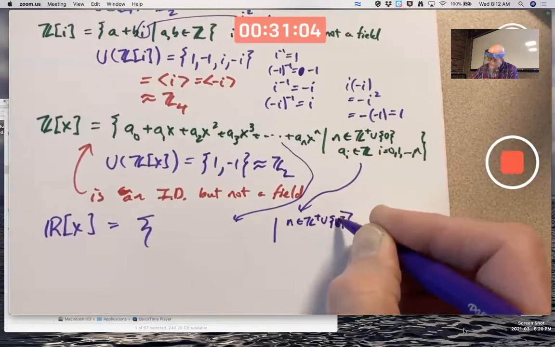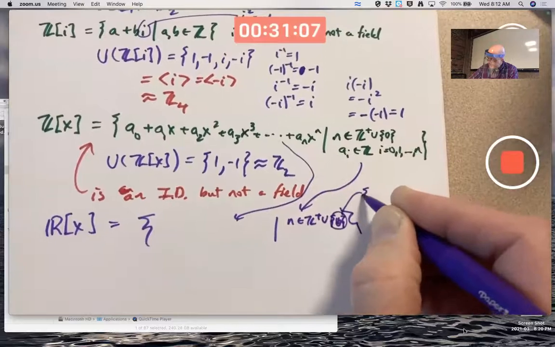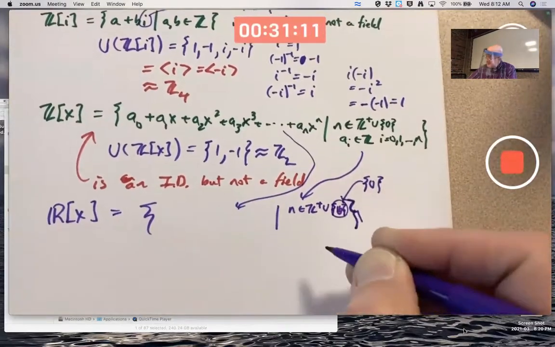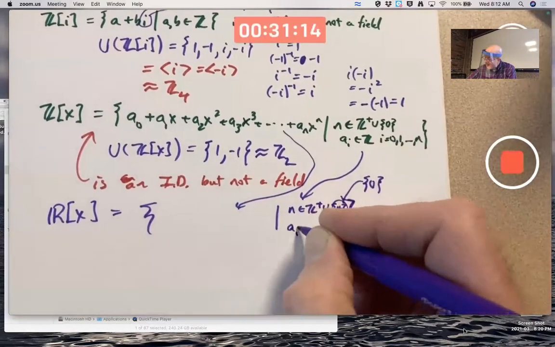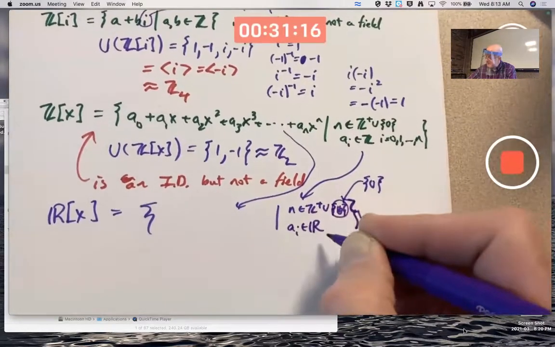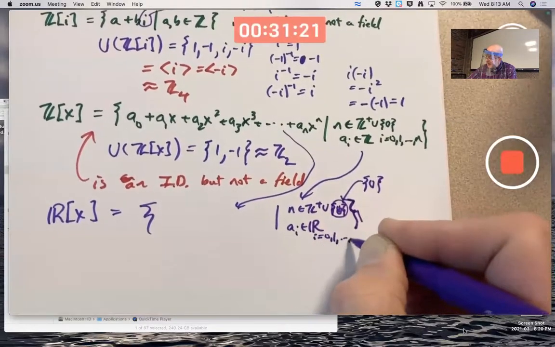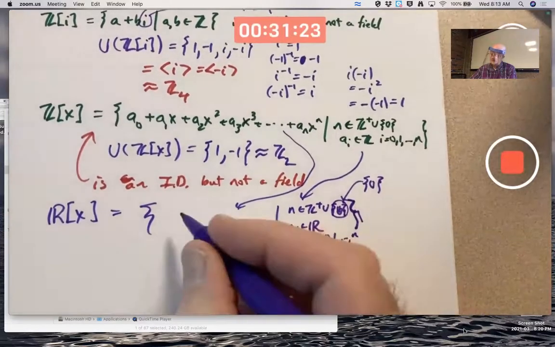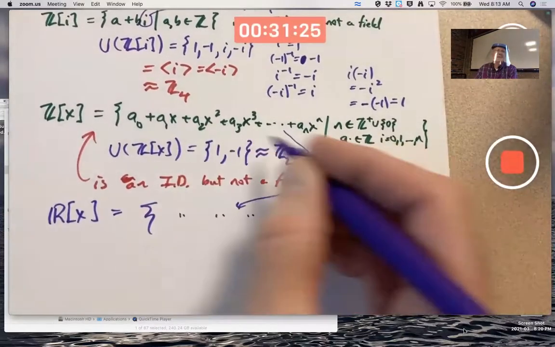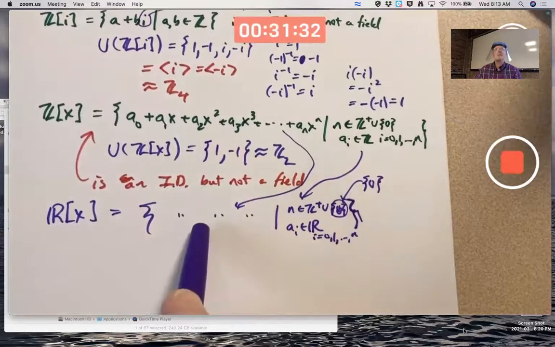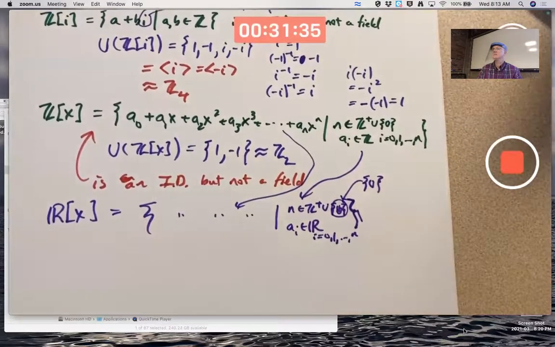Sorry, this is getting to be kind of a mess there. Each of these a_i is now allowed to be any real number, for i goes from 0 to n. Same kind of symbolism for a general polynomial of degree n. I'm not bothering to write that part again. But the a's themselves, the coefficients, are any real numbers.